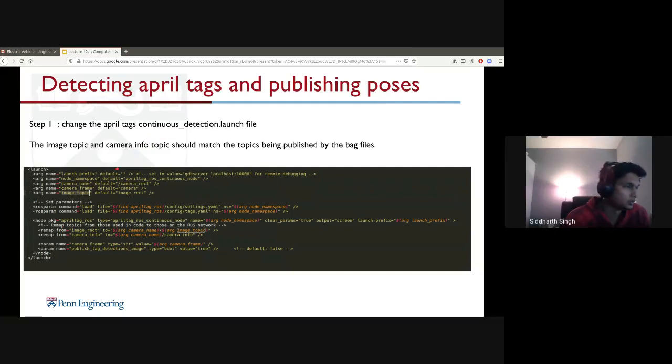What we'll be providing you in the lab will have certain things. We'll have a continuous detection.launch file. We are walking you through this very nicely so that there's no trouble. In this launch file, you'll change the image topic and the camera info topic based on the camera that you're using or the bag file that you have.